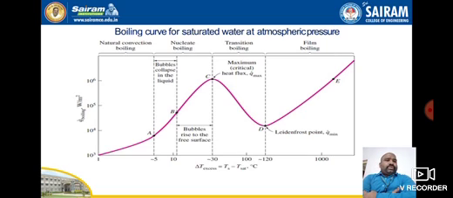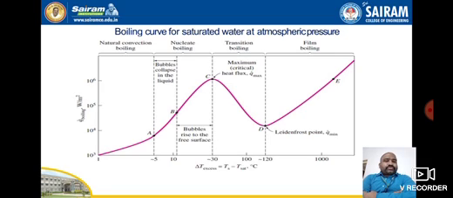First we have to draw this diagram. Along the y-axis, the Q, the rate of heat transfer per area, and along the x-axis, the temperature difference, that is surface temperature minus saturation temperature, in degrees centigrade.